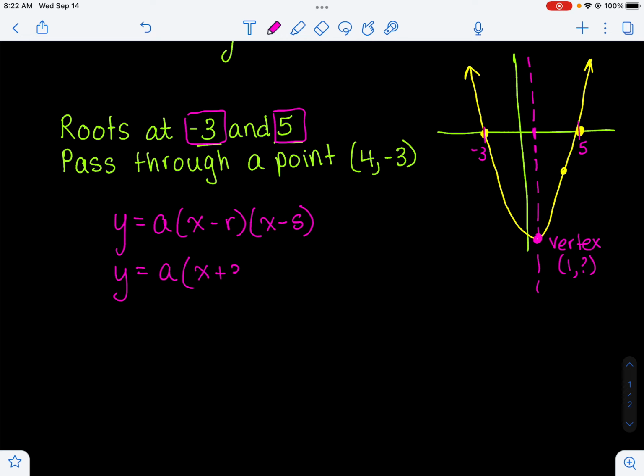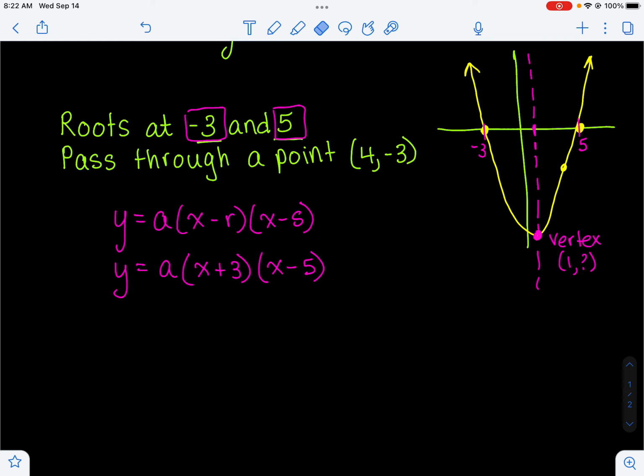I'm going to say x plus 3 and x minus 5. Because then if I were to set these equal to 0, I would have a root at -3 and I would have a root at +5. That's what I want. So I know my equation is going to look something like that, but I don't know if there's going to be an a value. So that's what I need to find out.